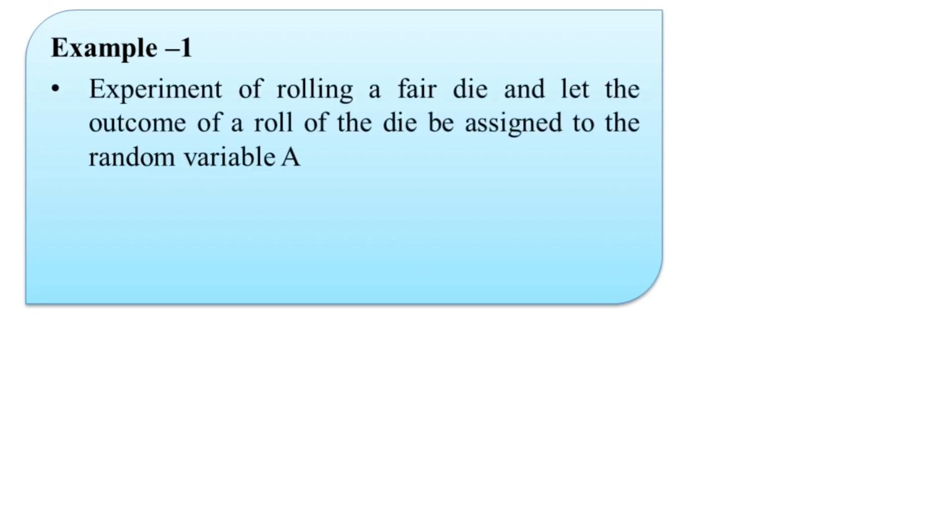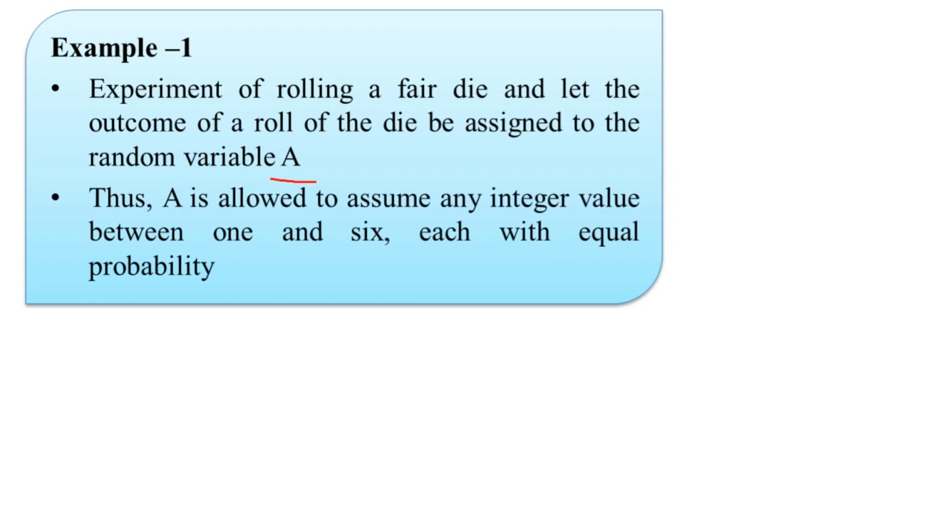Let us say this is experiment 1, in which a pair of dice is rolled. Whatever outcome we obtain after rolling the dice, for the mapping purpose it will be assigned to the random variable denoted by capital A. Now this capital A can have any integer value from 1 to 6, corresponding to the numbers printed on the 6 surfaces of the die, with equal probability for the 6 outcomes.